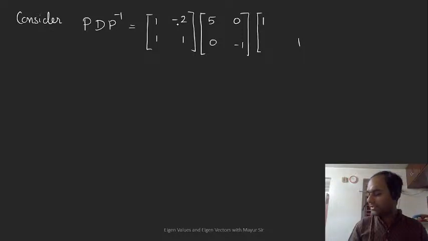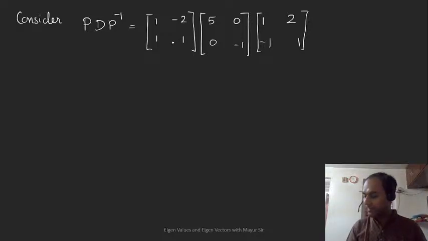So change the sign to negative. So minus 2 will become 2, and this minus 1 will become minus 1. So this is what you get, and you divide the matrix by the determinant. The determinant of this matrix we had already got was minus 5, right?